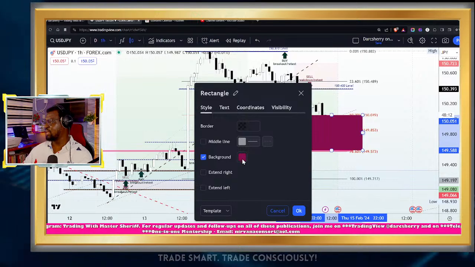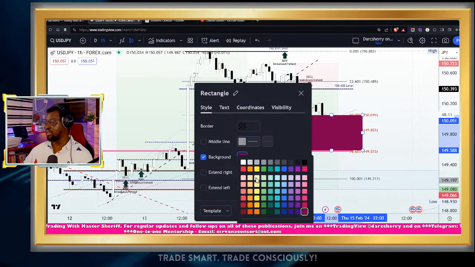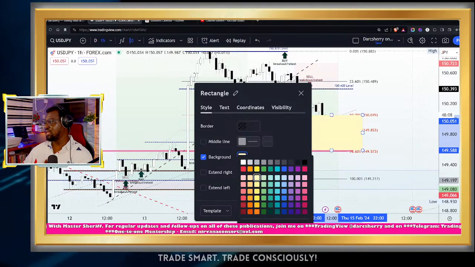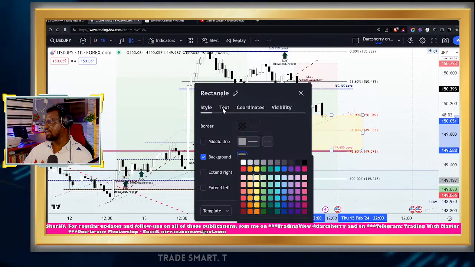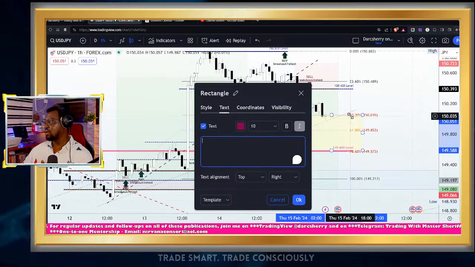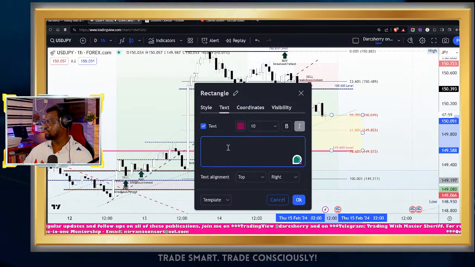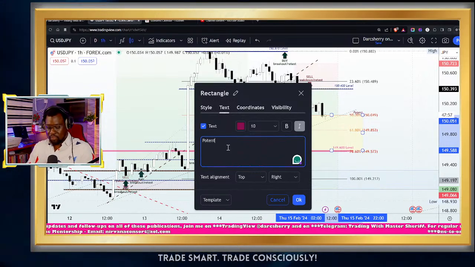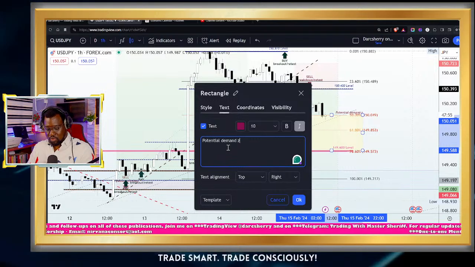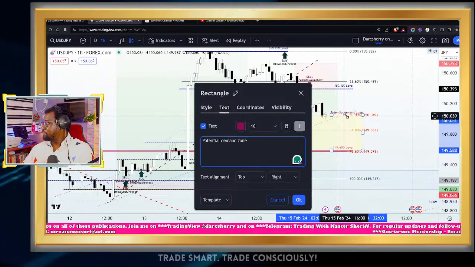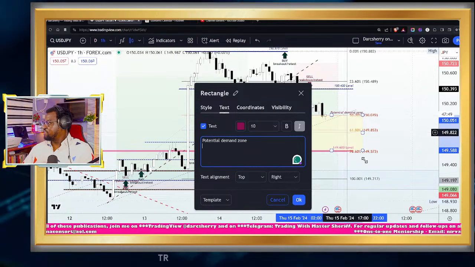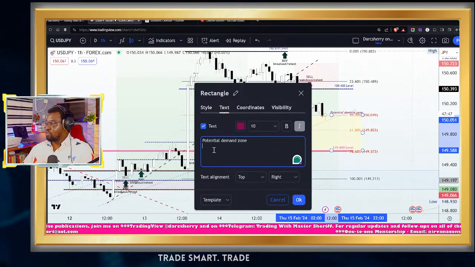So I always like my golden zone area to be marked with a light yellow. So let's mark that out, and then we will label this a potential demand zone, which is going to be between the 150.00 and 149.600.